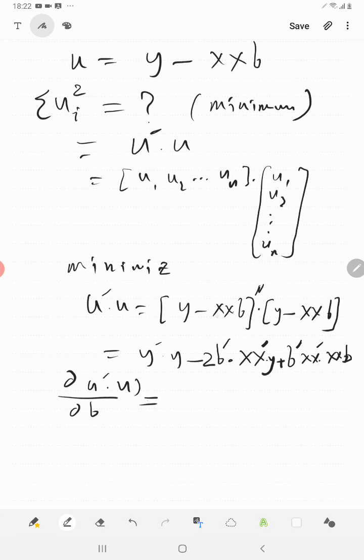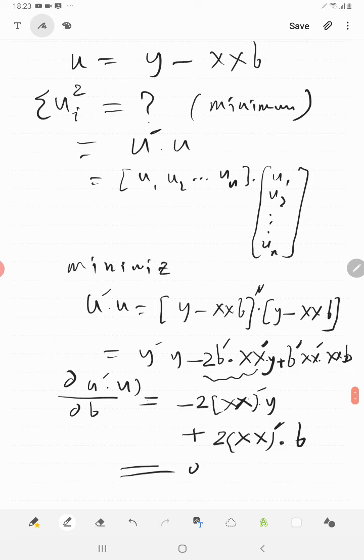The derivative with respect to B will give you minus 2 XX transpose times Y, plus twice XX transpose XX times B. Here XX is a variable matrix, not X times X. And we equate this to 0, okay?